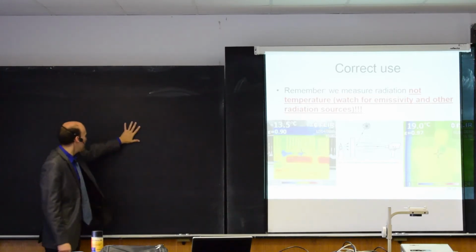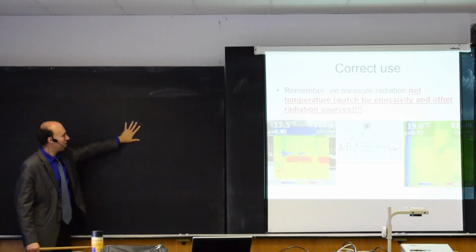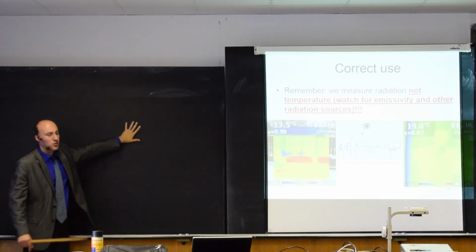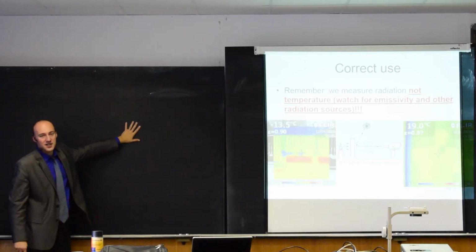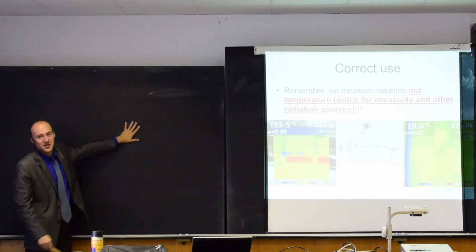If you have a thermal camera somewhere, try now to point it at my hand. Where's the thermal camera? And where's the second one? Yeah, so point it now on me.